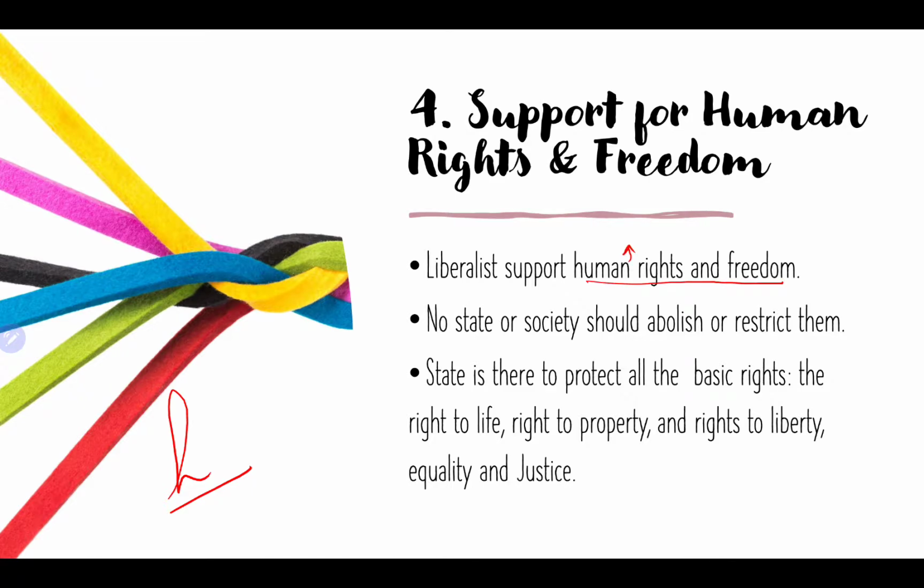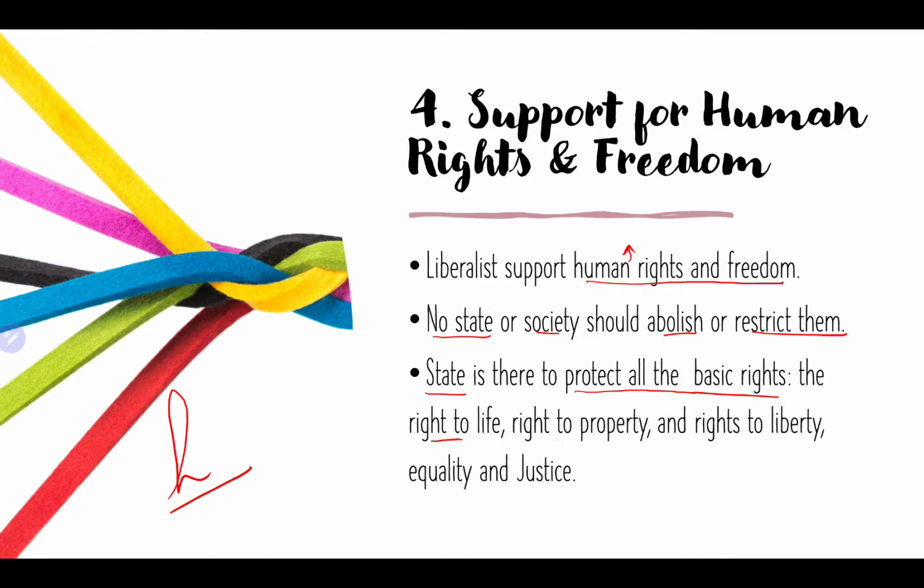As you know, every country has its constitution, and the constitution provides these rights and freedom to every individual right from birth. So no state or society should abolish or restrict them. The state is there to protect all the basic rights. So let's understand what a basic right is.